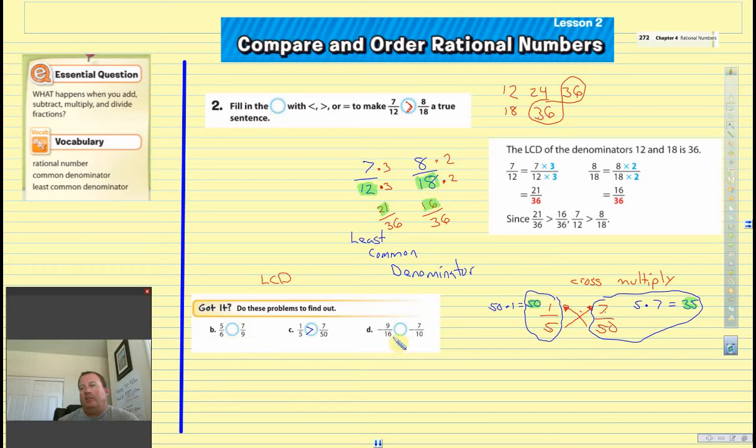You could have done that with the negatives too, a negative times a negative, so make sure you get your negatives and positives all taken care of. That'll work in that too. This one's a little bit more difficult because of the negatives, but that's one way to do it versus the LCD way. So if you like the LCD way, continue. It works perfectly fine, changing the denominator. But if you like multiplication and you can do the cross multiplication, it works too.